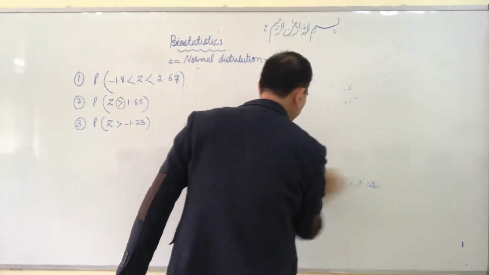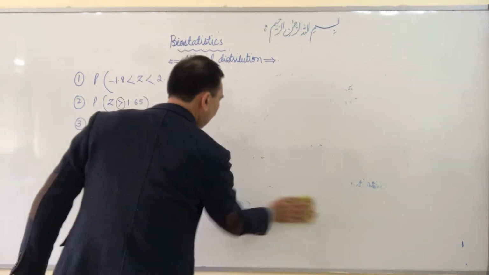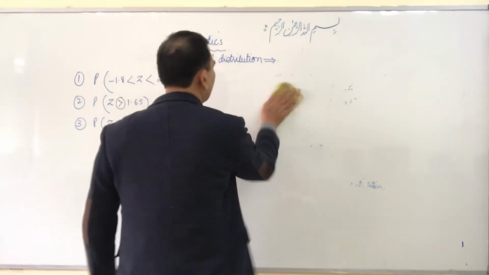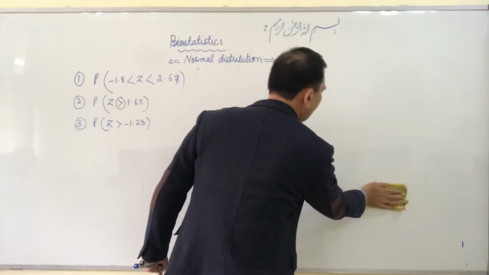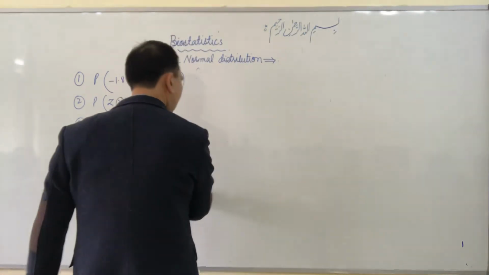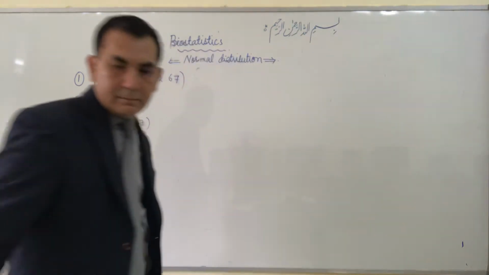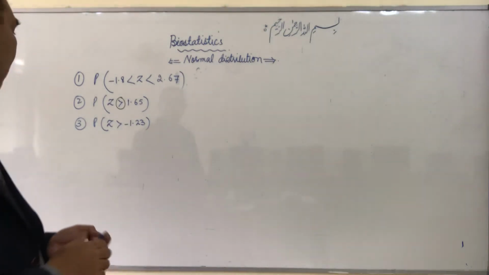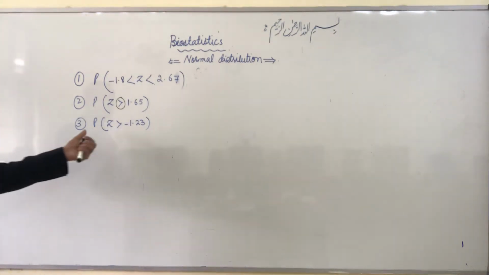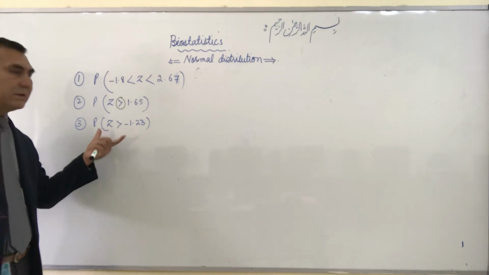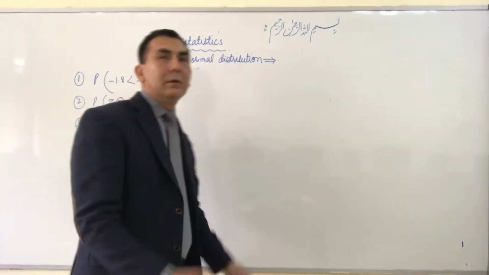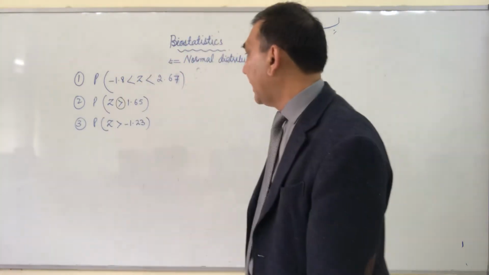The third numerical asks: what is the probability area which is more than minus 1.23?